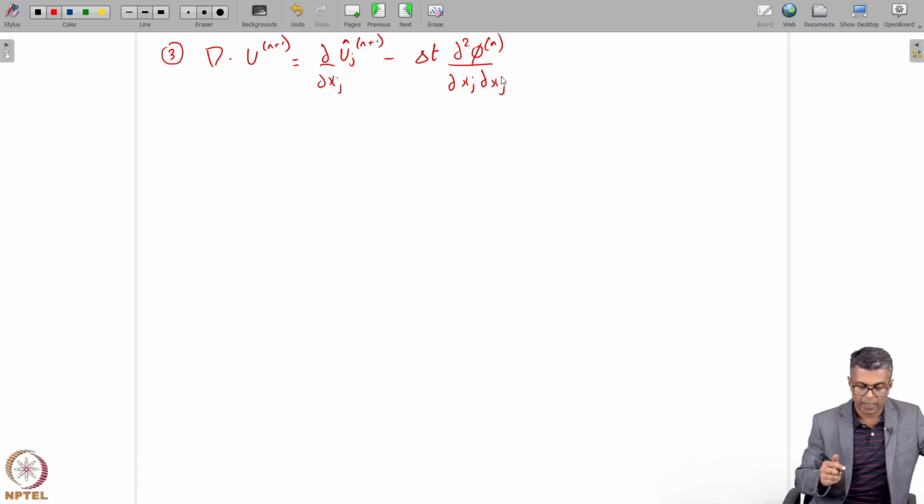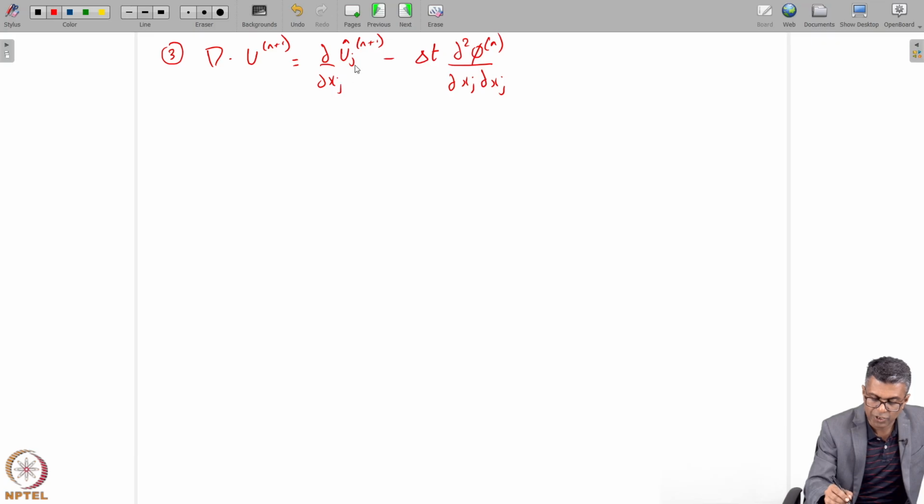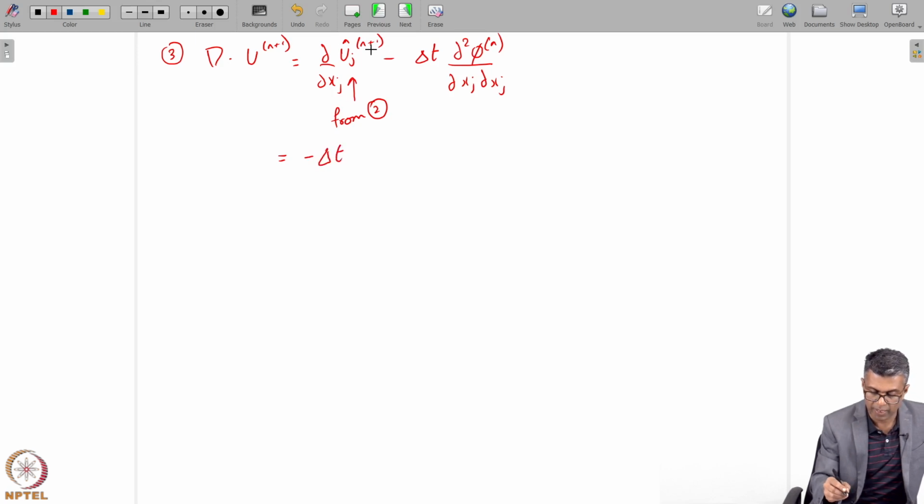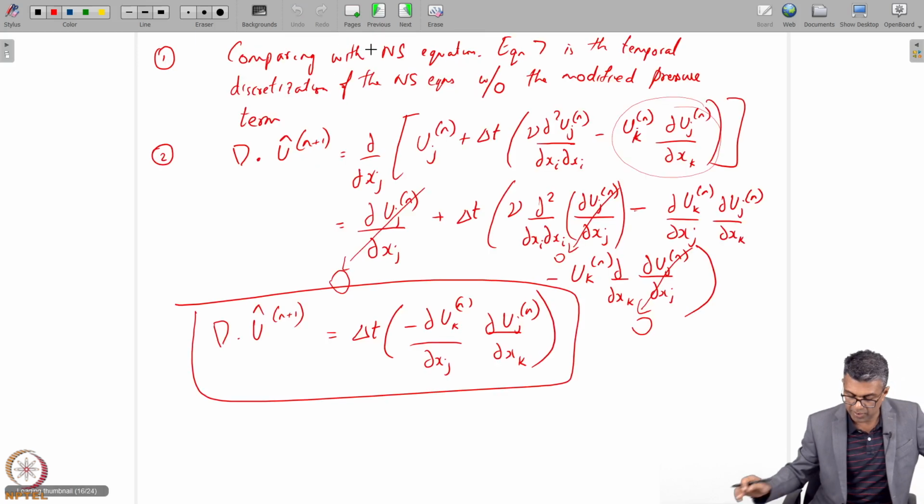So here, instead of the del xj of uj, which is coming from part 2, this becomes minus delta t, because that is also a delta t, right? Minus delta t, so this expression here, this one right here.